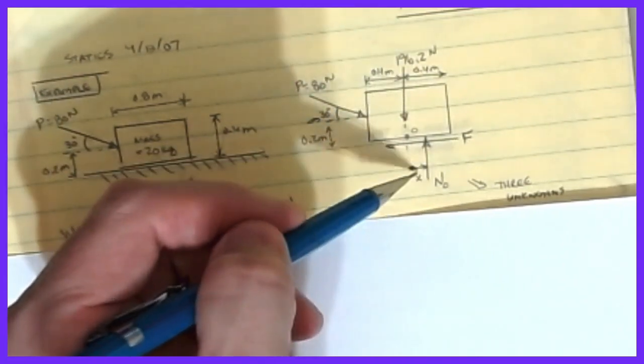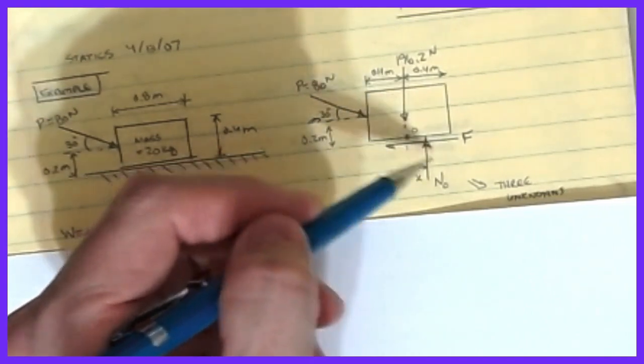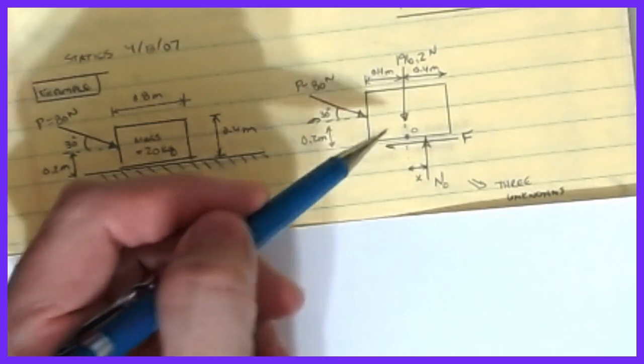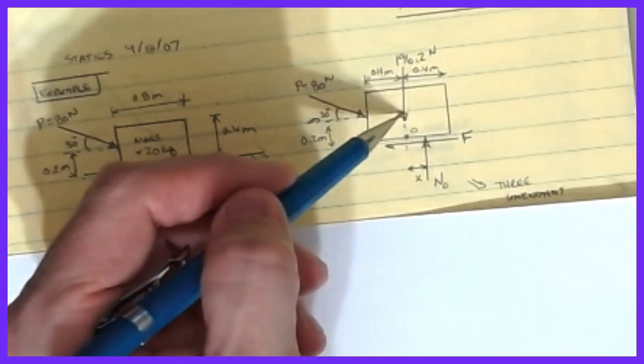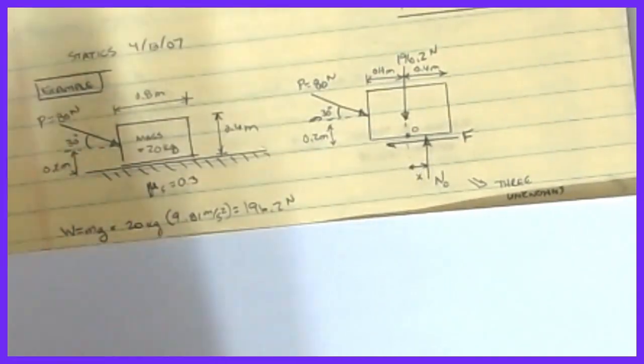So to counter it, the normal wants to move back to the right in order to produce a moment with the weight, in the amount shown, acting in the counterclockwise direction. Again, this weight and this normal form a couple that wants to fight the horizontal of P and the friction value.